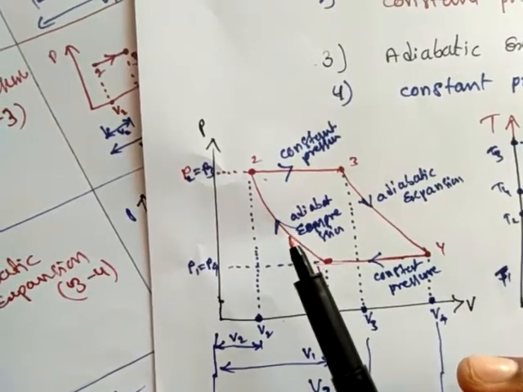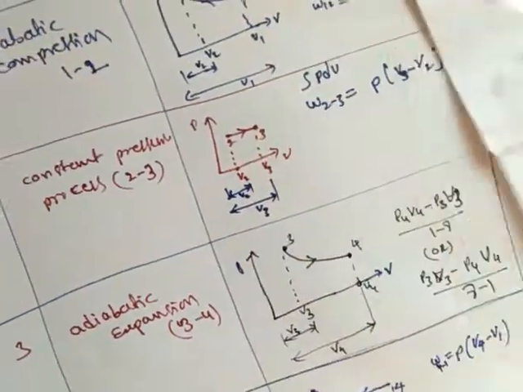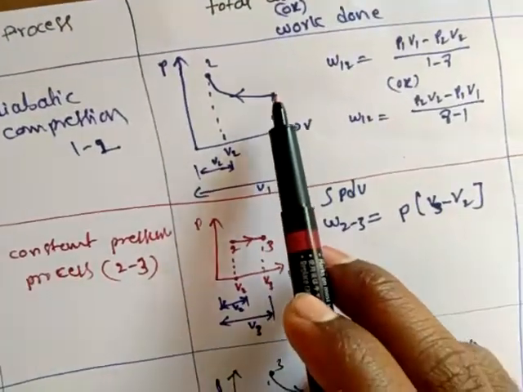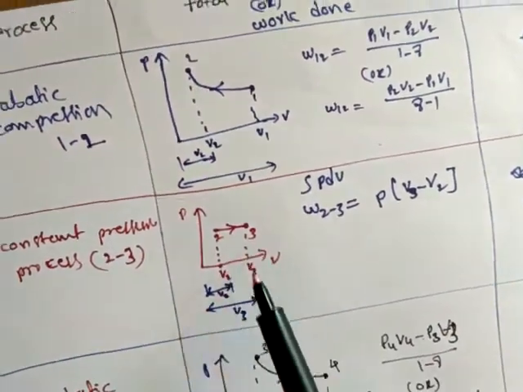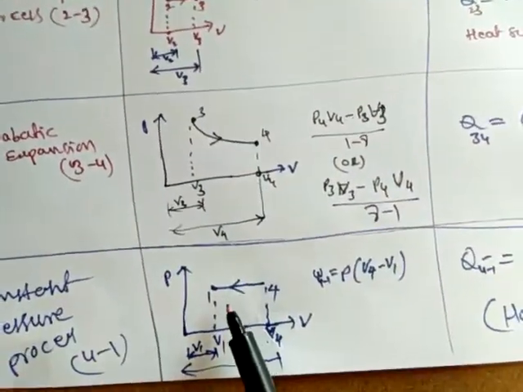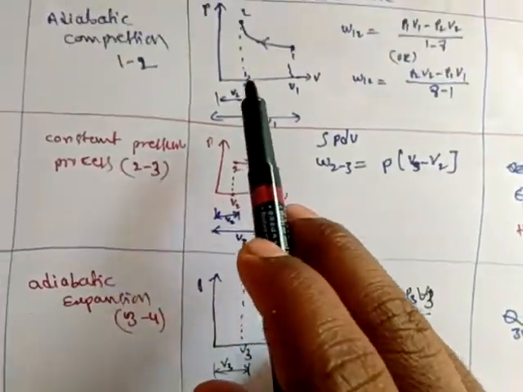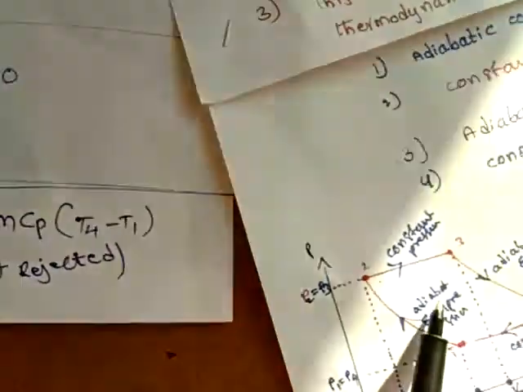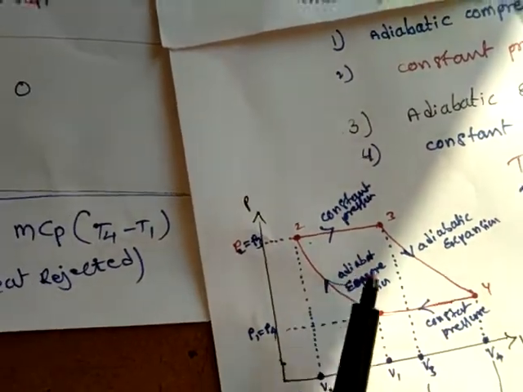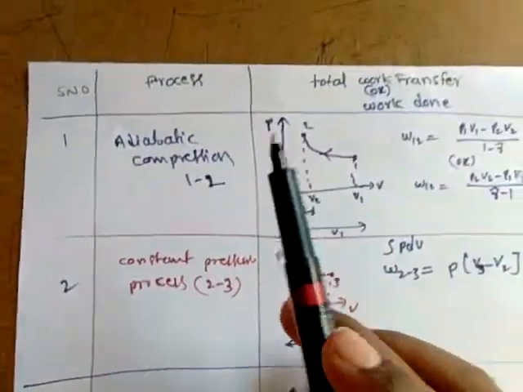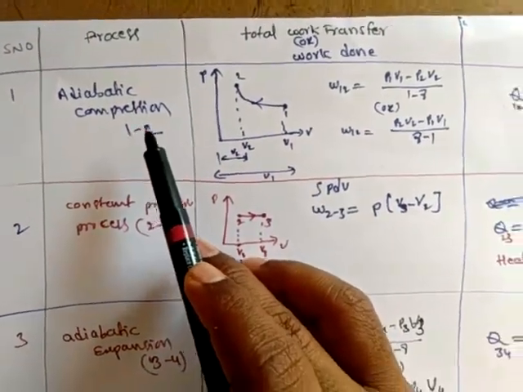It will be like this. If we combine all these diagrams, we get this diagram. Okay, right? So see here, the first process is the adiabatic compression process, 1 to 2.